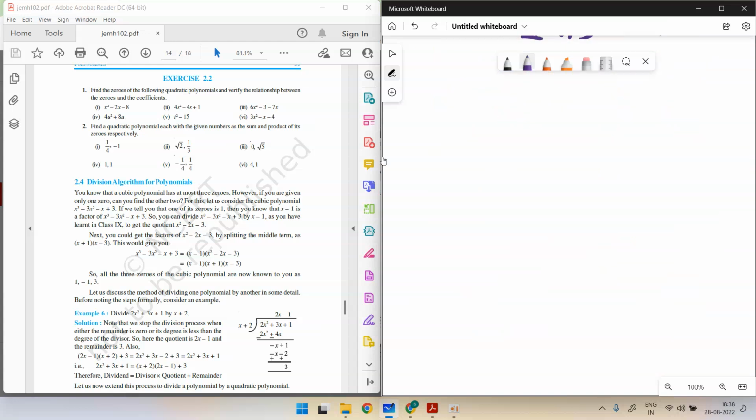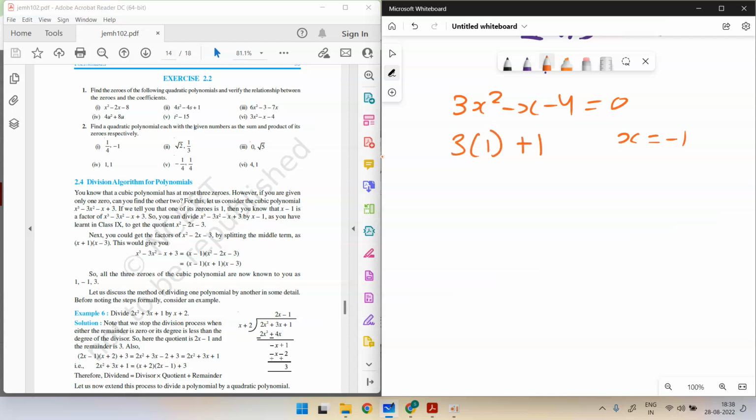Next, 3x squared minus x minus 4 equals 0. So from here, if you substitute the value of x as minus 1, it will become 3 plus 1 minus 4, which is 0 only. So minus 1 is a root, so x plus 1 is a factor.